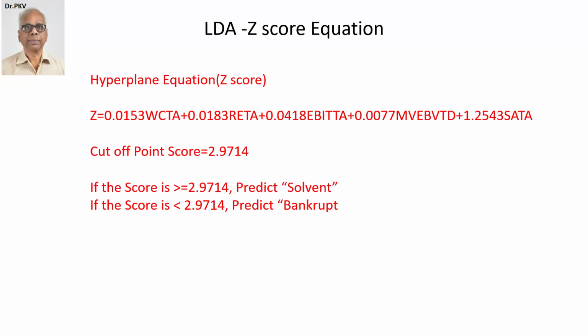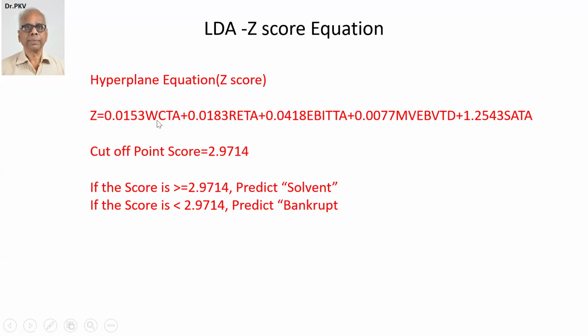The Z-score equation, linear discriminant analysis, based on the software, is given by the equation Z equal to 0.0153 WCTA plus 0.0183 RETA plus 0.0418 EBITDA plus 0.007 MVEBVTD plus 1.2543 SATA.